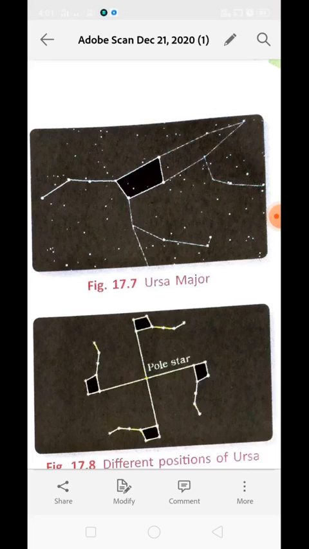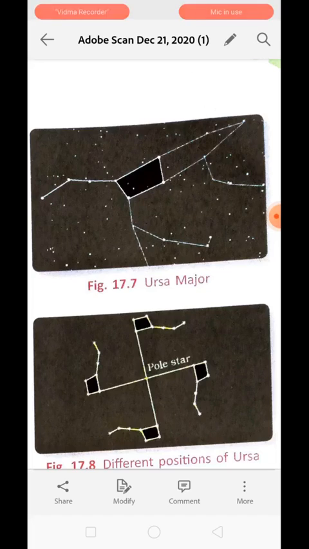This constellation has 7 prominent members in it, which are arranged in an outline similar to a big ladle or a serving spoon. Sometimes people also connect these dots to make a bear. That is why it is termed the Great Bear. In our country we know them as Brihat Saptarishi.